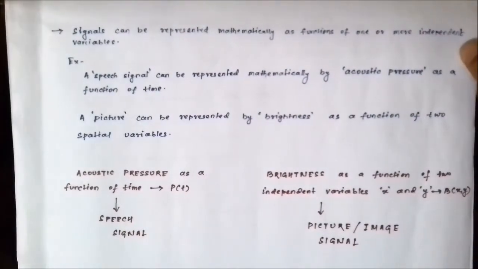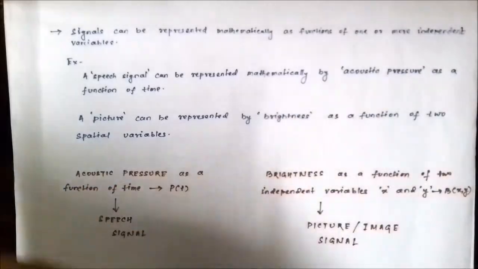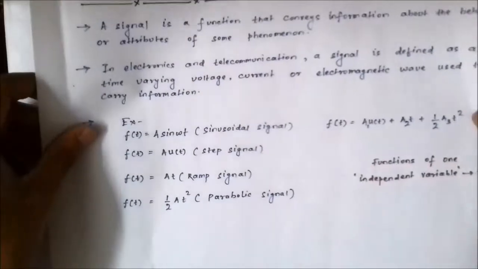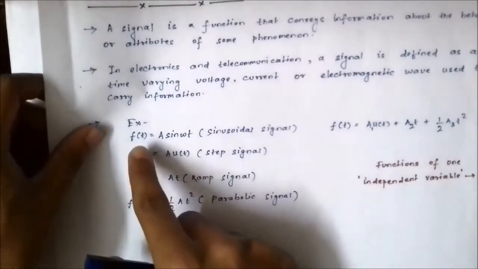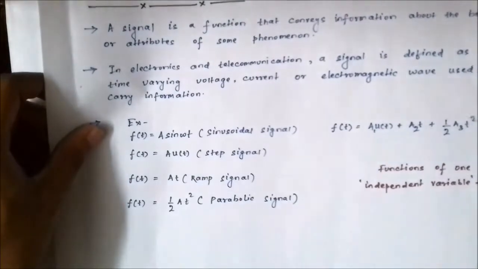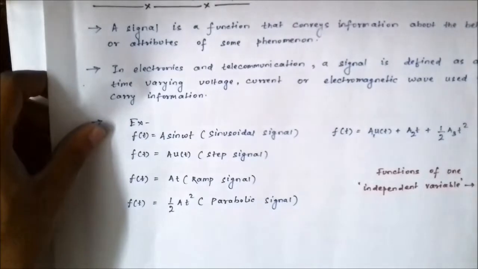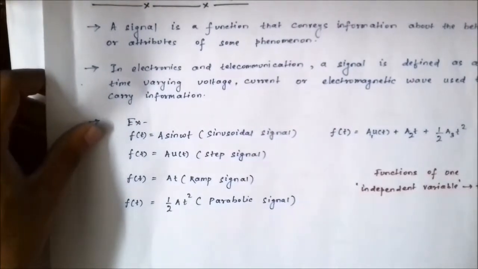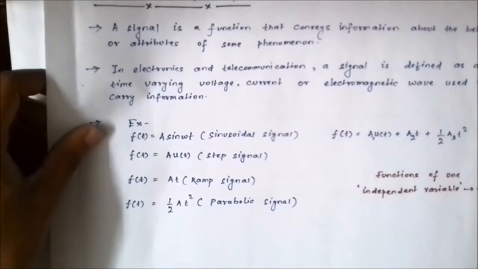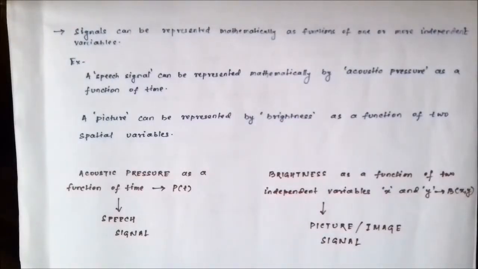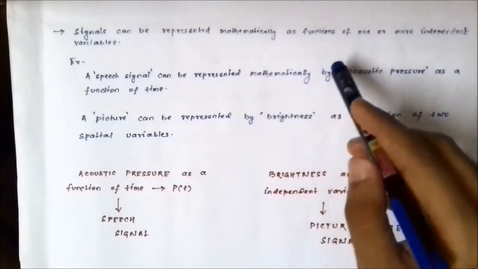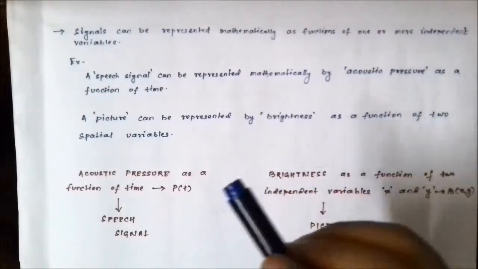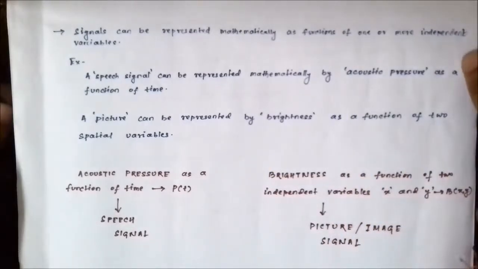Here, time t is the independent variable, and f(t), f as a function of t, is the dependent variable. So for the signals which we deal with in communication systems, time is the independent variable. In general, the functions can consist of one or more independent variables.